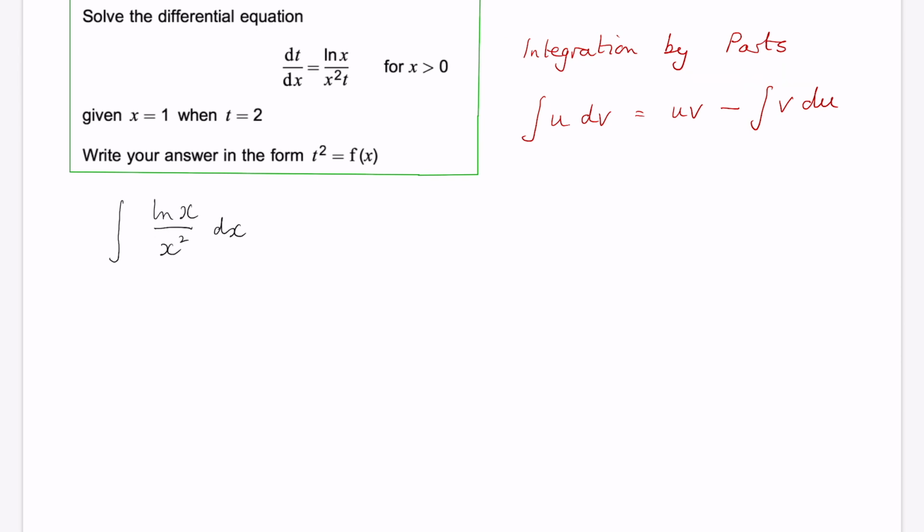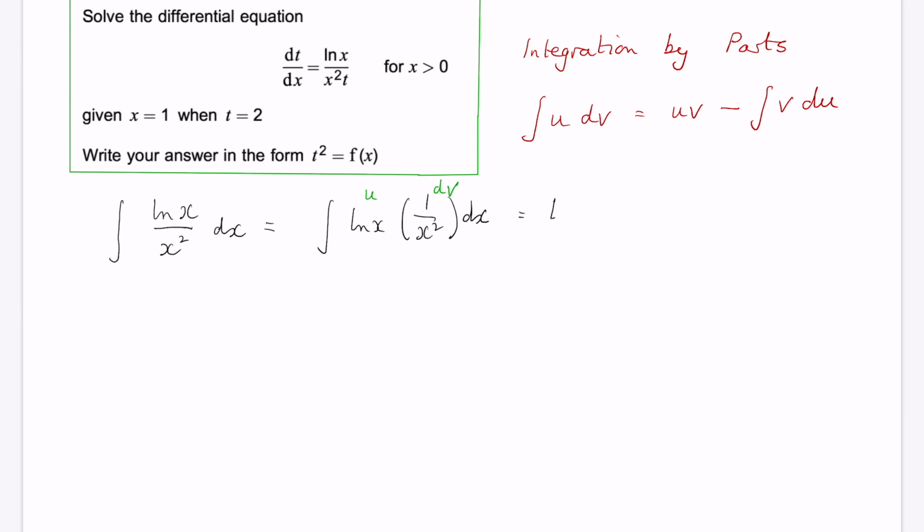Integration by parts comes from the product rule for differentiation, and in order to do it, I'm going to write this in a slightly different form. I'm going to write it as log x times 1 over x squared dx, which will make it clearer which the u is and which the v is. This is going to be my u, and that is my dv.